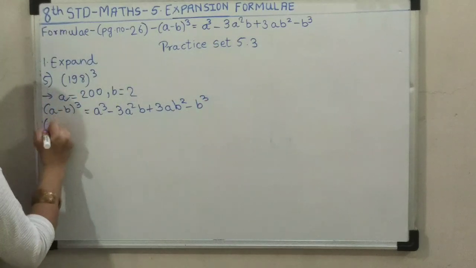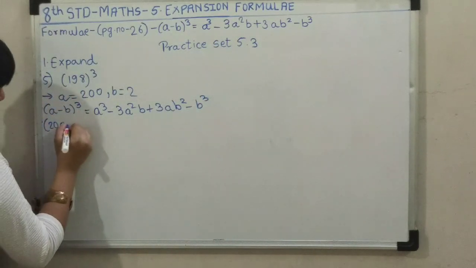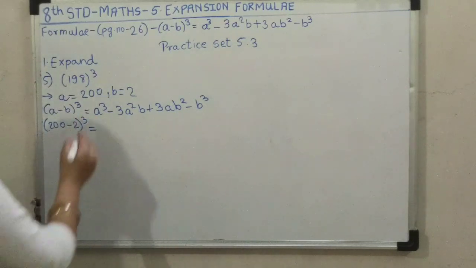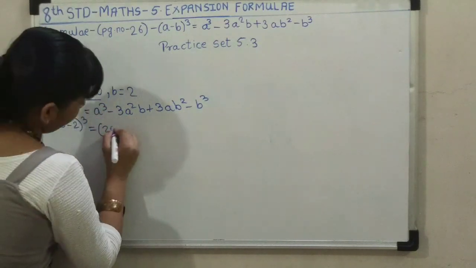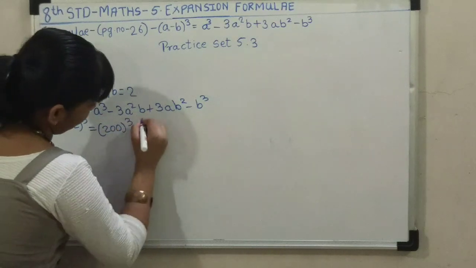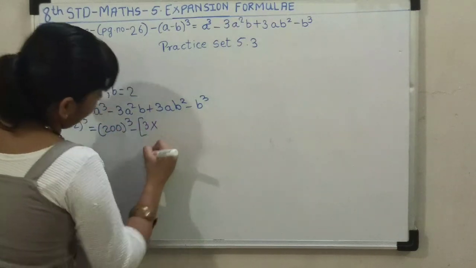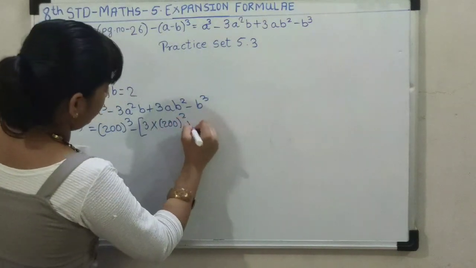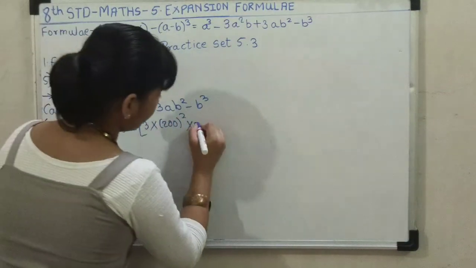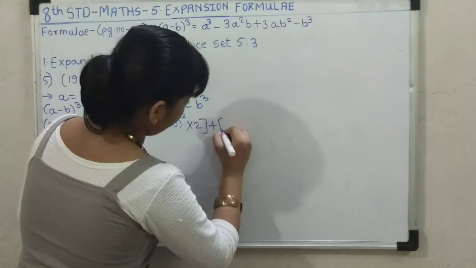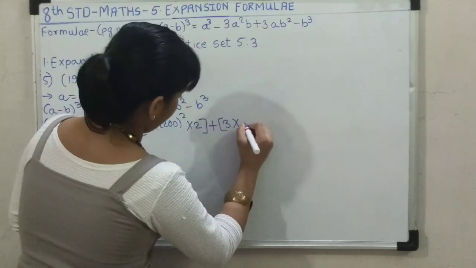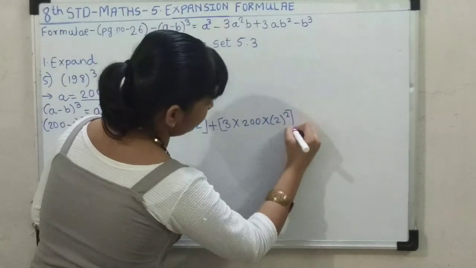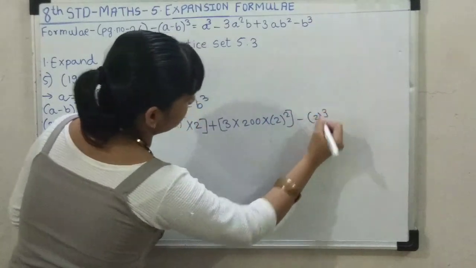So here a is 200 and b is 2. Bracket cube is equal to a's cube, that is 200's cube, minus 3 into a square, that is 200 square, into b, that is 2, plus 3 into 200 into 2 square minus 2's cube.